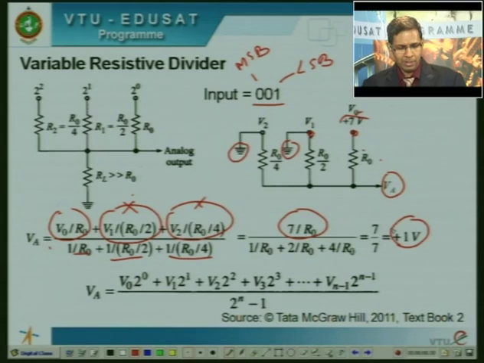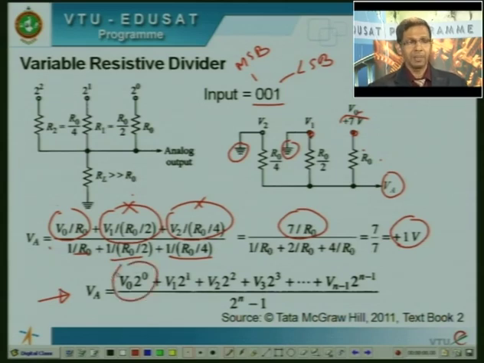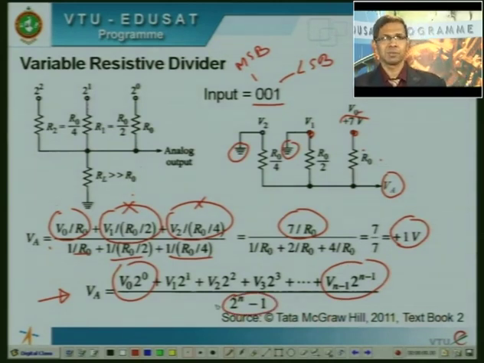The generic expression is given by this: for any digital input, the analog output, starting from the LSB, is V0 2 raised to 0 plus V1 2 raised to 1 plus V2 2 raised to 2 and so on till we reach the MSB, and the denominator is 2 raised to n minus 1.